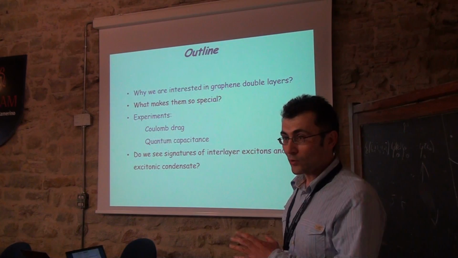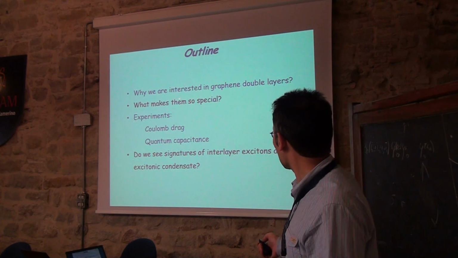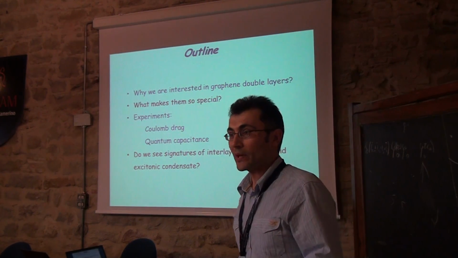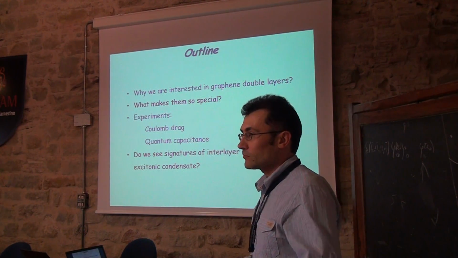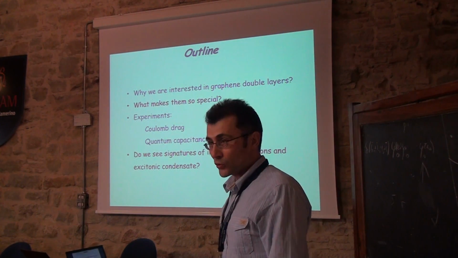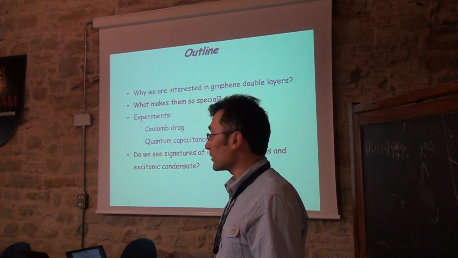So this is the outline of my presentation. First I will quickly tell you why we're actually interested in graphene double-layer systems, what makes them so special compared to everything that we have been studying before, which of course you have heard already several times today. Then I will show you some experimental data, and we use two experimental techniques to probe these systems.